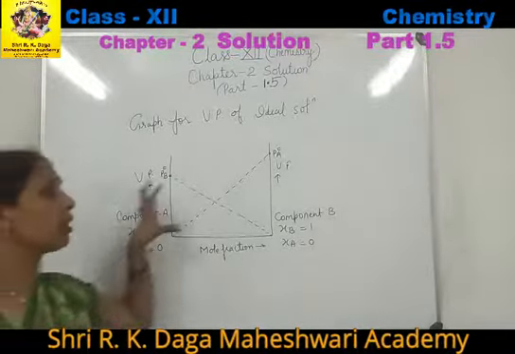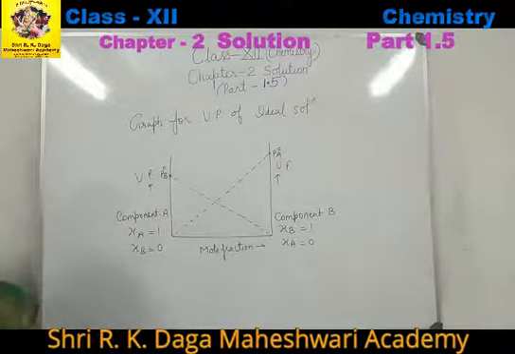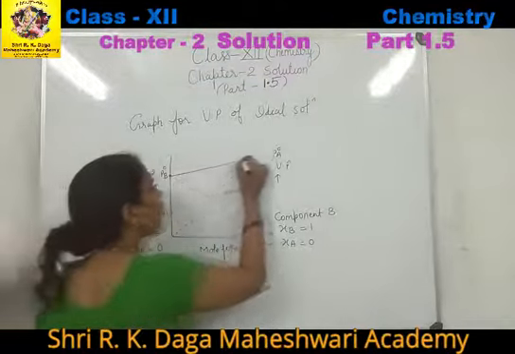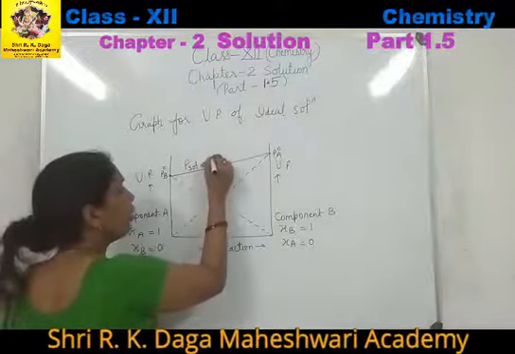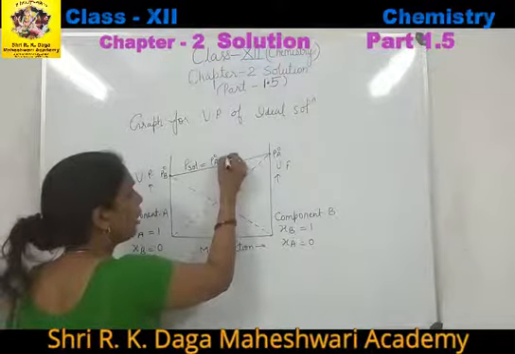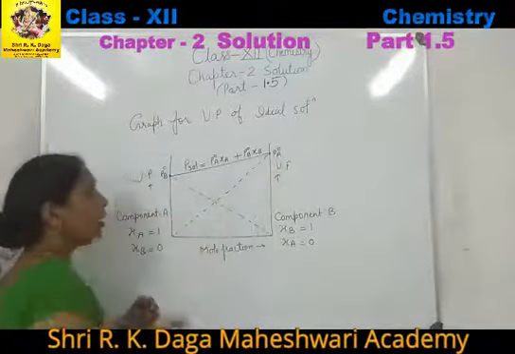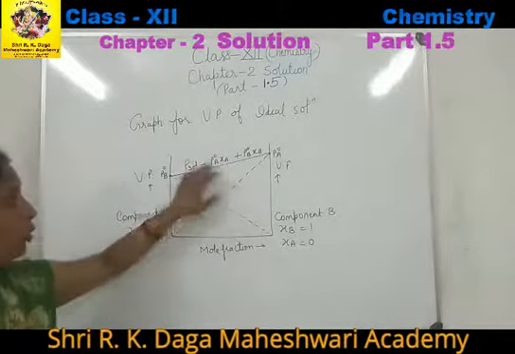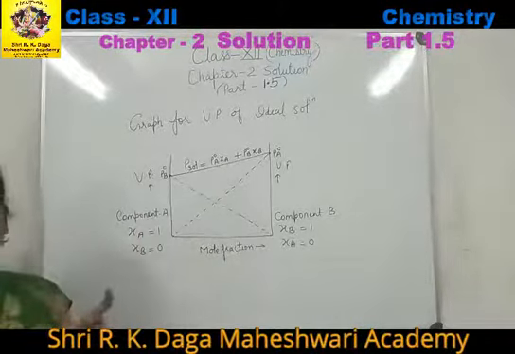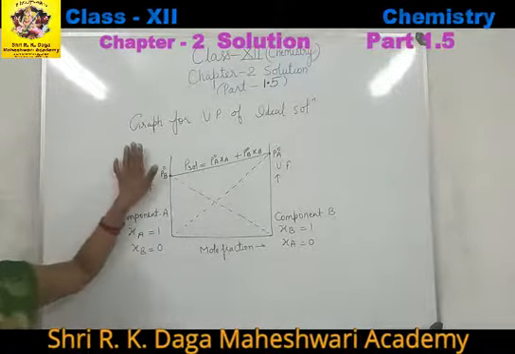If after mixing the solution is ideal in nature, the vapor pressure of the solution will be equal to the sum of the vapor pressures of its components. So P solution will be equal to P naught A into XA plus P naught B into XB. If the sum of the vapor pressure of the pure component and mole fraction terms is equal to the vapor pressure of the solution, the solution is ideal. So we will call it the graph for the ideal solution.